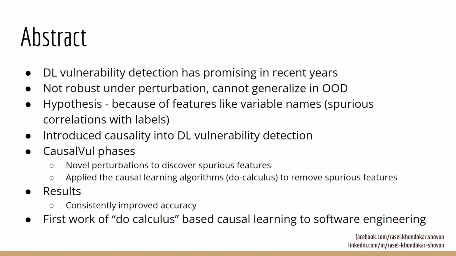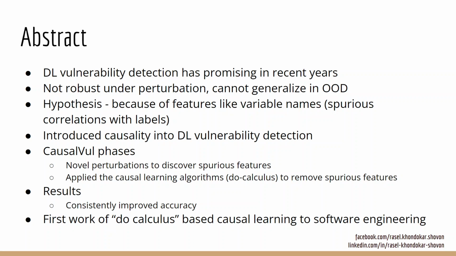In this paper, the author introduced causality-based deep learning for the problem of vulnerability detection. This approach is called CausalVul, which includes two phases. The first phase was discovering spurious features, and in the second phase they removed these spurious features.